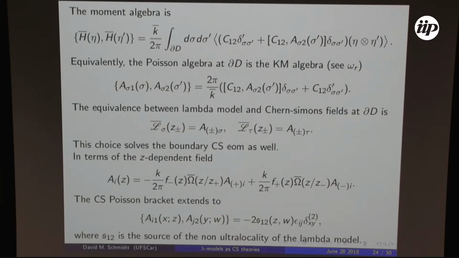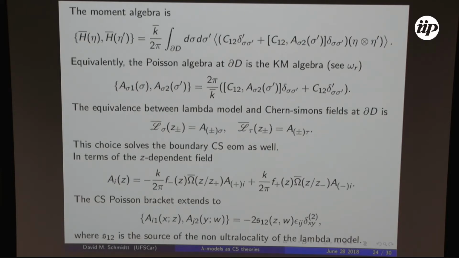So the gauge moment algebra is this one. It means that on the boundary we have a theory that is described by a current algebra. So we have the two copies. The K bar means that if you take the first copy, the plus copy, you take K, and if you take the minus copy, you take minus K, so you invert the level.